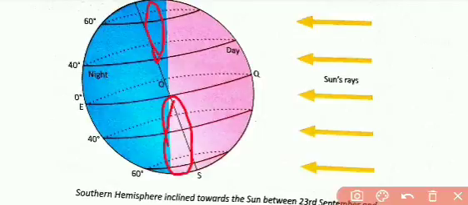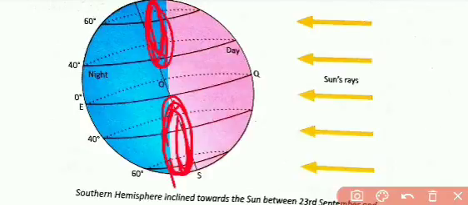That means this portion is experiencing summer, daylight, and this portion is experiencing winter, that is night. So this portion experiences 6 months of daylight, and this portion experiences 6 months of night.